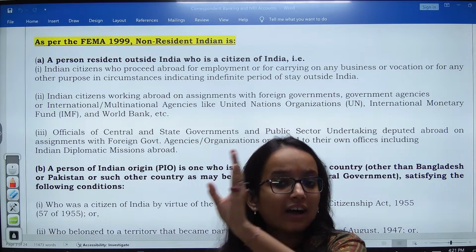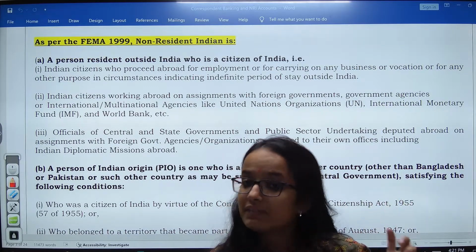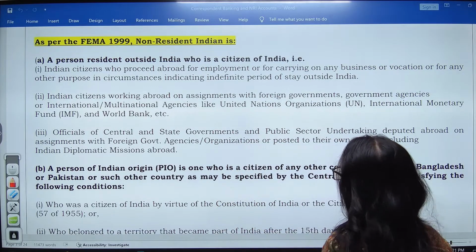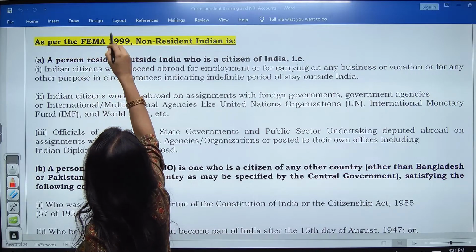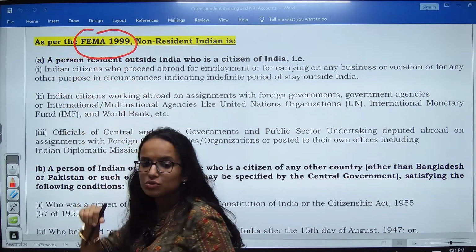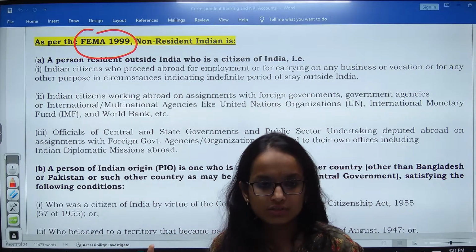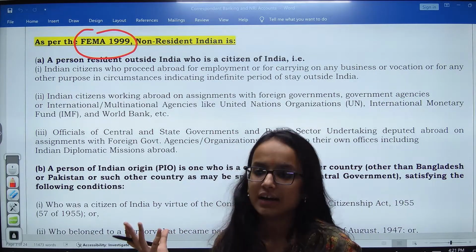Now the other basis of defining these individuals is your FEMA, the Foreign Exchange Management Act 1999. So as per the Foreign Exchange Management Act, what are the clauses for an individual to be classified as PIO or NRI? Let's see.